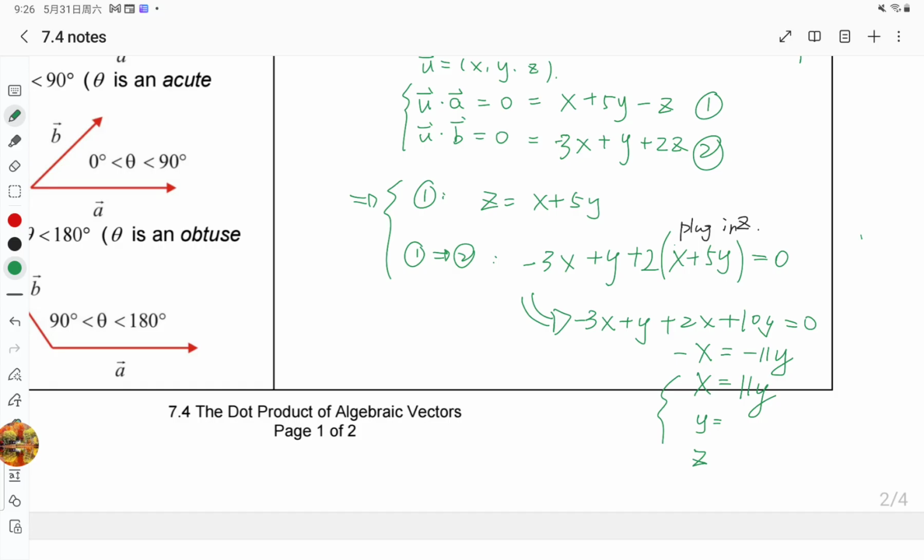So x equals 11y, y is equal to y itself, and then z is equal to x plus 5y, so x is 11y, and then plus 5y is 16y.